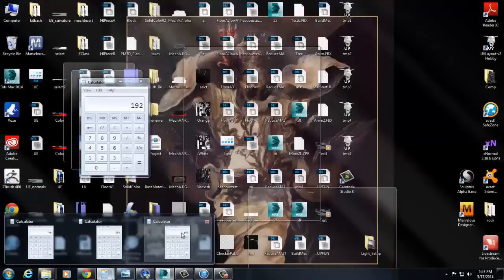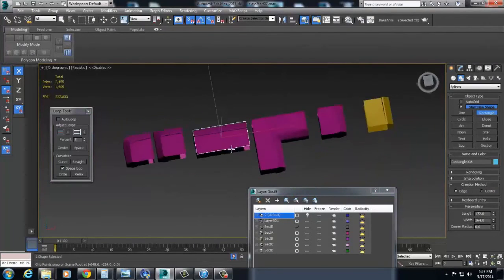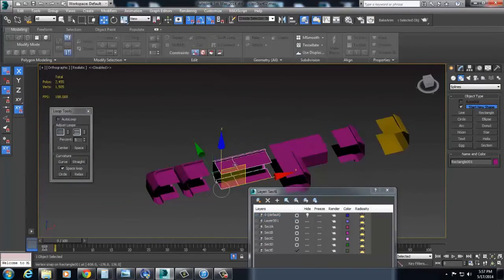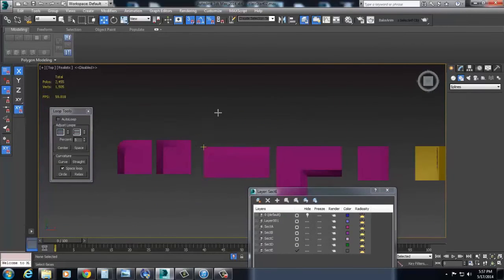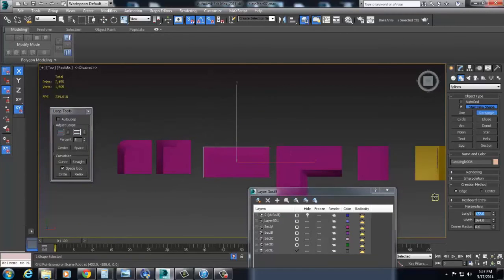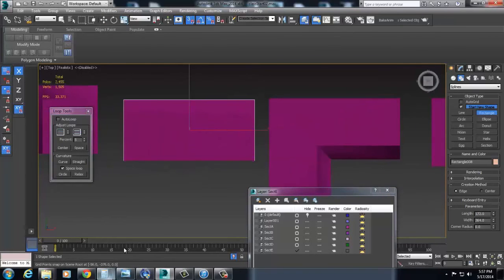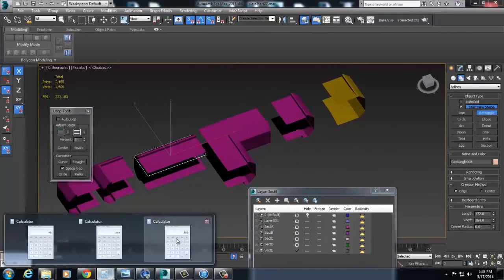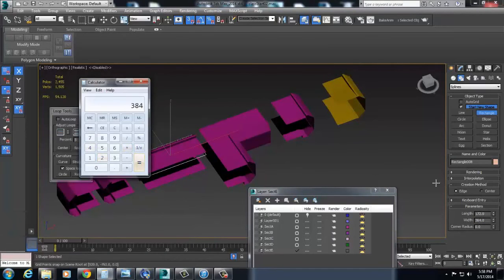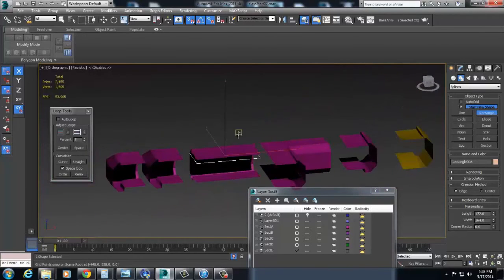Let's go on through here. We're at 192 for the length there. Oh, wait, what was the length there? And again, this is a really nice way, if one of your assets isn't quite to scale or isn't quite working, to measure how far out this asset needs to be.